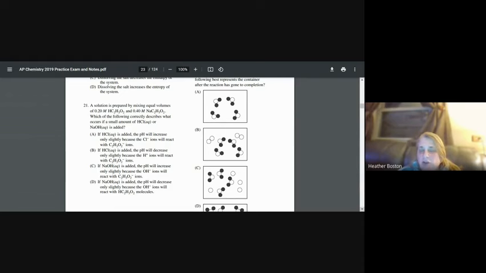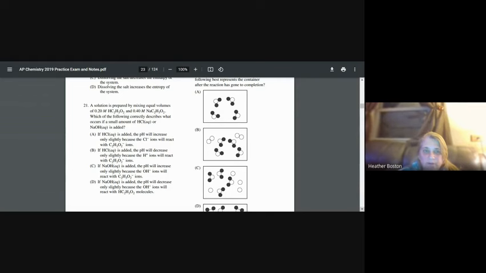So let's look at this problem as if we don't know anything about buffers. A says, if HCl is added, the pH will increase. Let's cross that off right away. HCl is a strong acid. We know strong acids have a pH around 0, so that's going to be wrong in all cases. You can automatically cross off A because it says HCl will increase the pH.